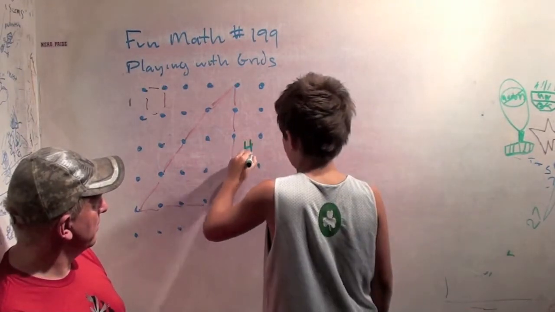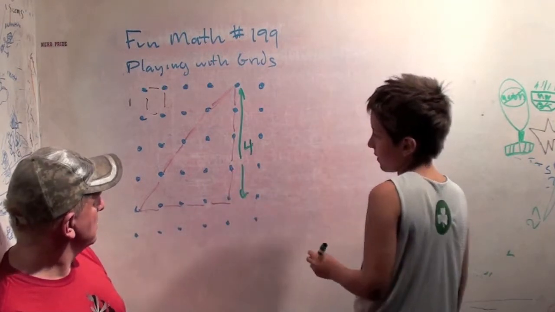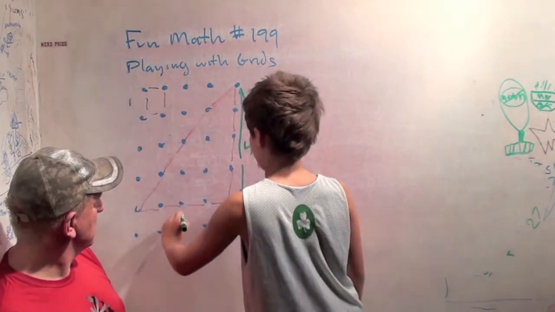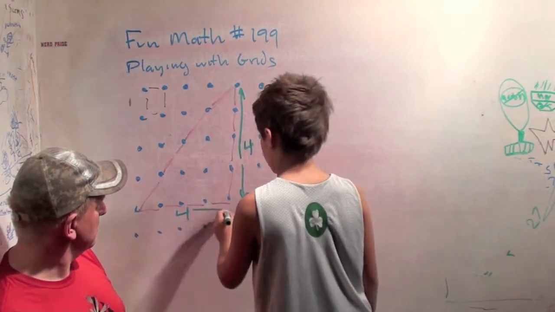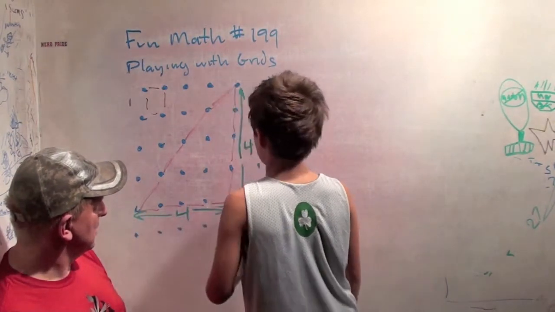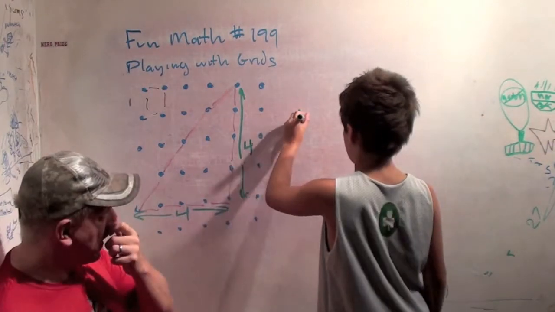Well, that means this side's 4. And this side's 4 as well. So the area of a triangle is 1/2 base times height.